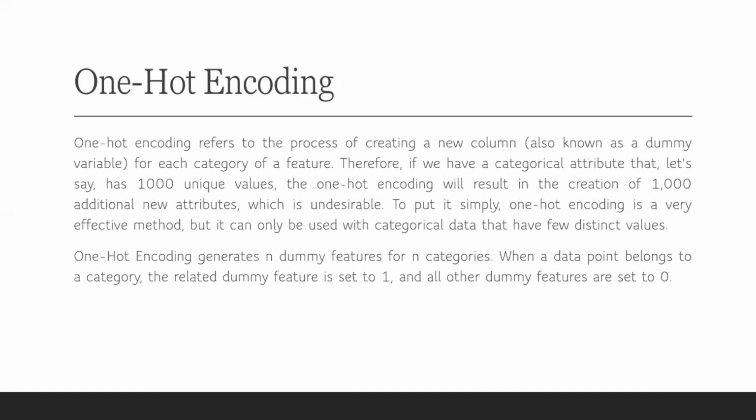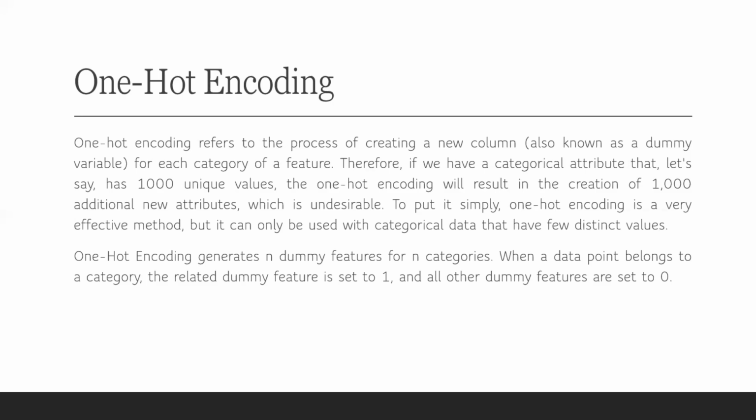Therefore, if we have a categorical attribute that, let's say, has 1000 unique values, one hot encoding will result in the creation of 1000 additional new attributes, which is undesirable. To put it simply, one hot encoding is a very effective method, but it can only be used with categorical data that have a few distinct values.